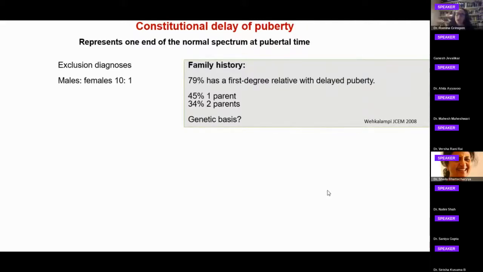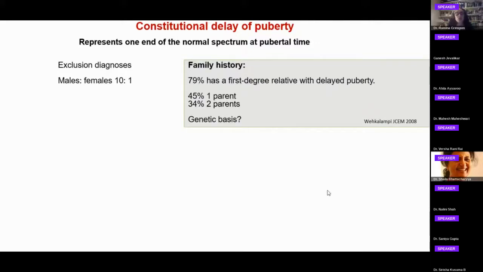It's very common to find a family history of delayed puberty in one or in both parents or brothers, which supports the hypothesis that there is a genetic basis in delayed puberty. However, we have to be careful. If we see that one or both parents have delayed puberty, we don't make the diagnosis of constitutional delay of puberty.